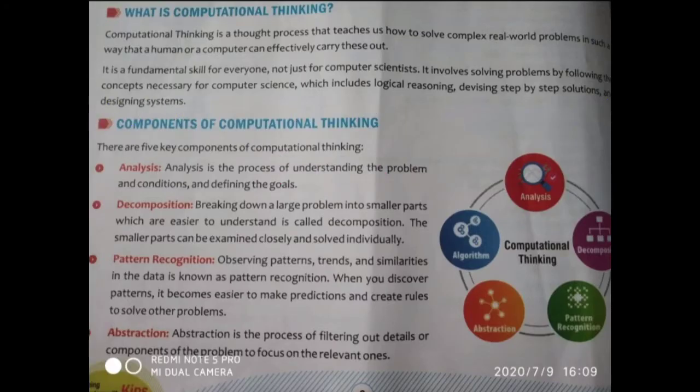Okay, my dear students, computational thinking is a thought process that teaches us how to solve complex and real-world problems in such a way that a human or a computer can effectively carry this out. It is a fundamental skill for everyone, not just for computer scientists.